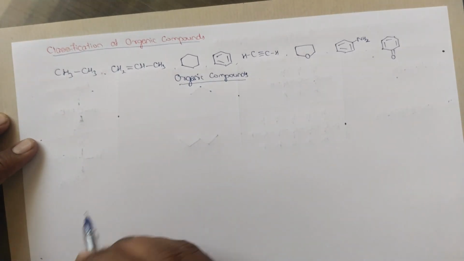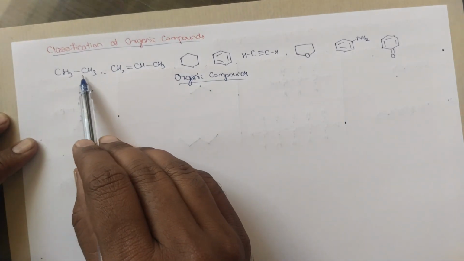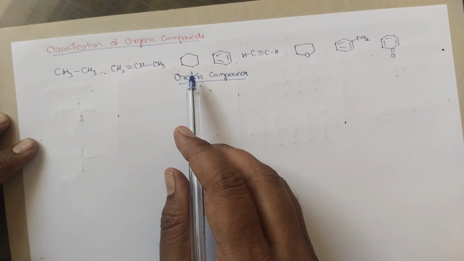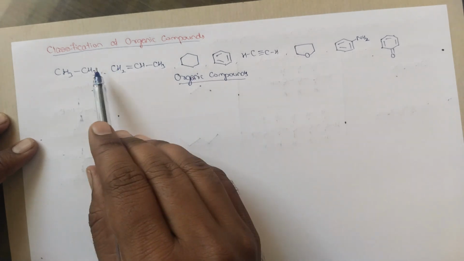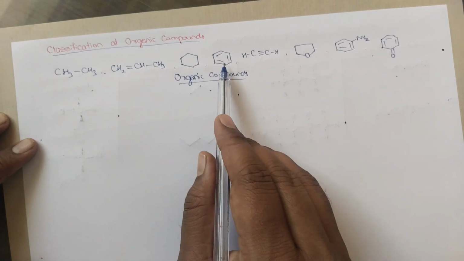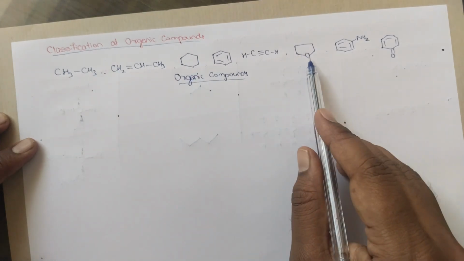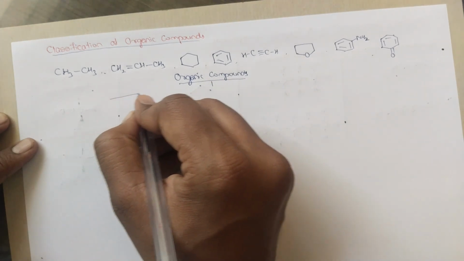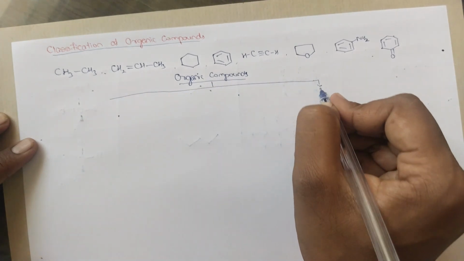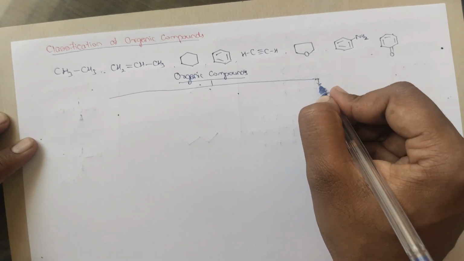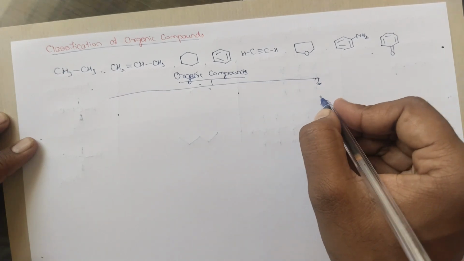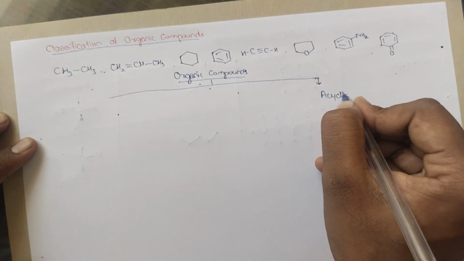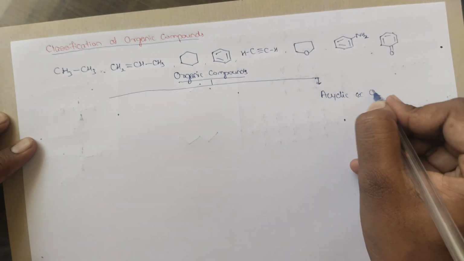Now the first criterion is, look at these compounds. You can classify based on whether it is cyclic or not. This is not cyclic, this is not cyclic, this is cyclic, this is also cyclic, this is not cyclic, this is also cyclic. So the first thing in the classification is acyclic or open chain.